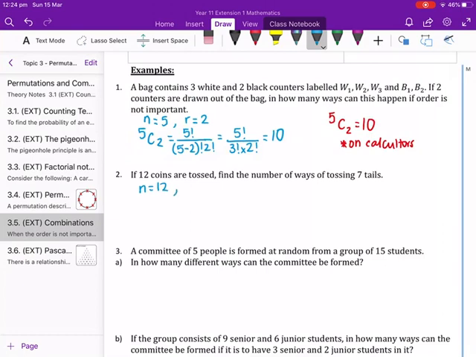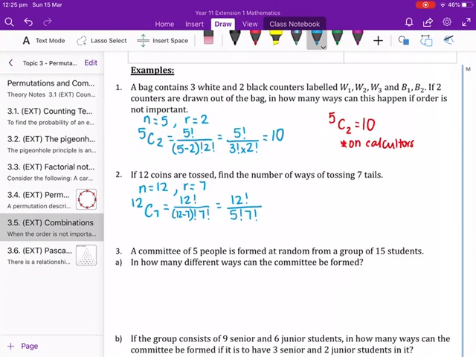We want to have 7 tails. We're choosing to have 7 tails. So we say r equals 7. So in this case, we write in our notation 12C7, which is the same as 12 factorial over (12 minus 7) factorial times 7 factorial, which equals 12 factorial over 5 factorial times 7 factorial.